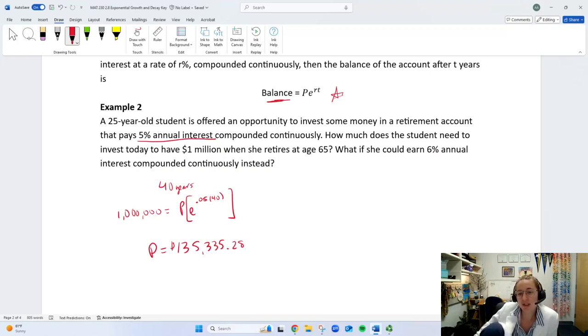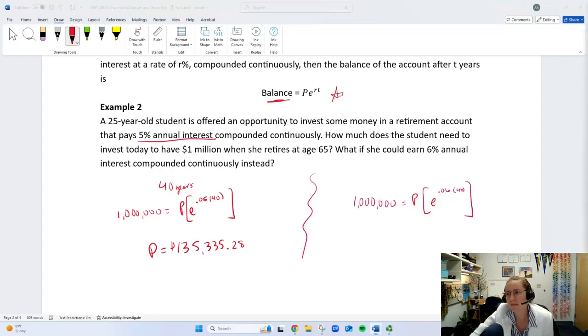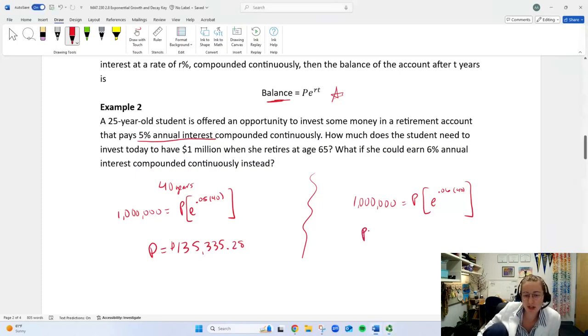What if she actually earns 6% annual interest compounded continuously? Well, our problem is set up exactly the same, and it makes sense that if we have a higher percentage, we're not going to have to put quite as much money in there in order to reach that $1 million. We'll reach that $1 million faster, but since we have 40 years as our time constraint, it just means that I won't have to start out with as much.